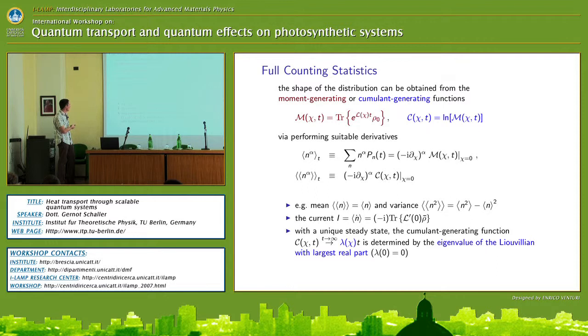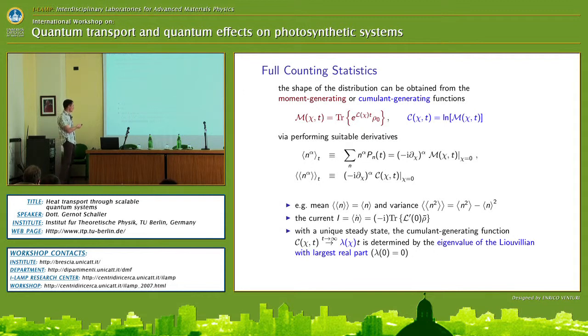So for example, the mean, or the time derivative of the mean of the number of tunneled particles, would give you the current. Or also the variance, right? If you consider transport in these LHCs, it would be interesting how reliable that transport is, or whether there is a great variance for a fast transport or the probability for a slow transport.